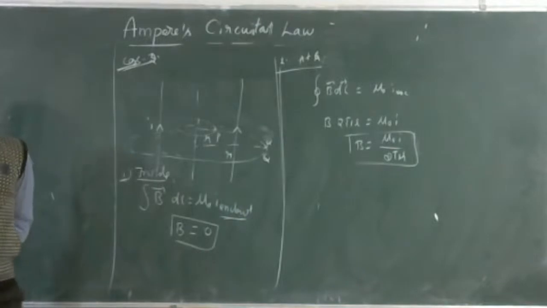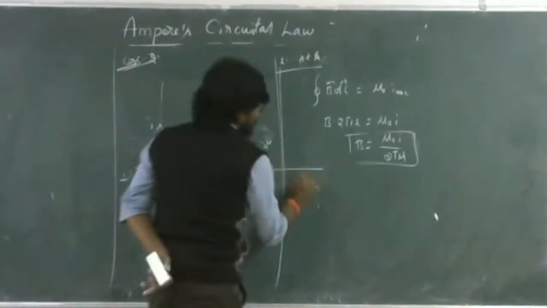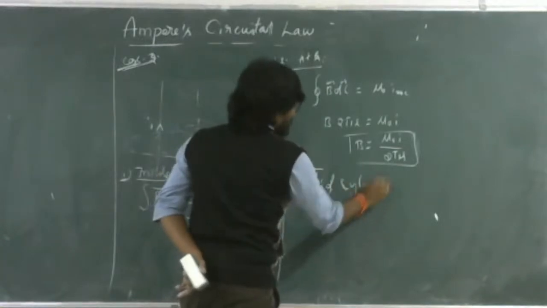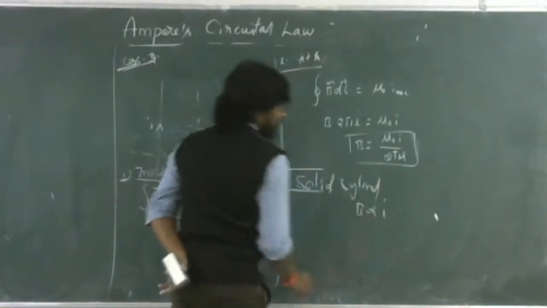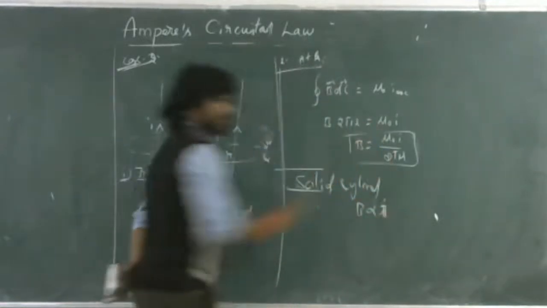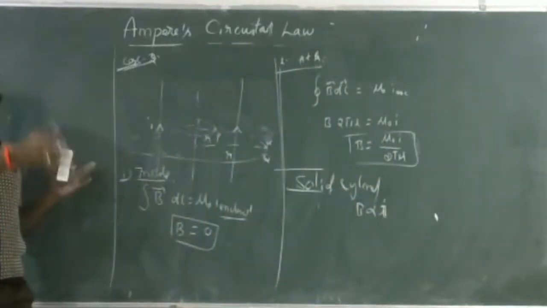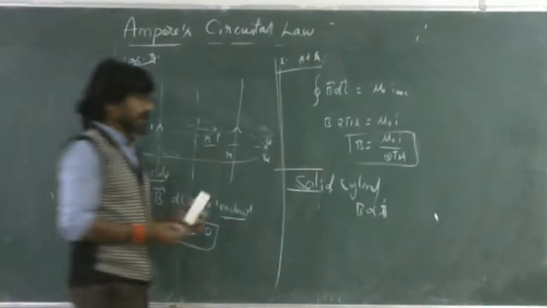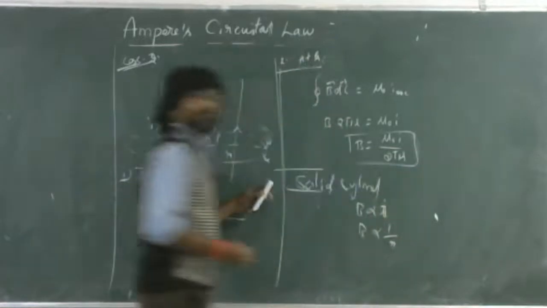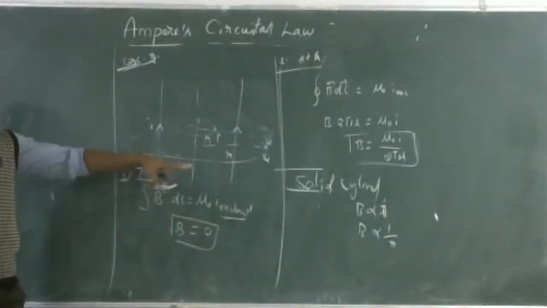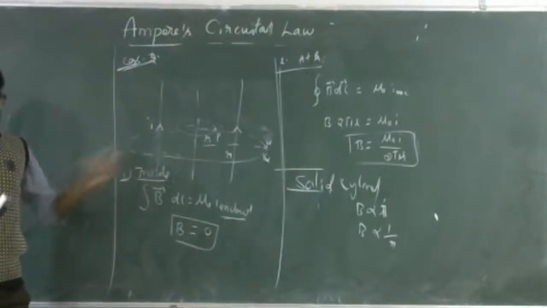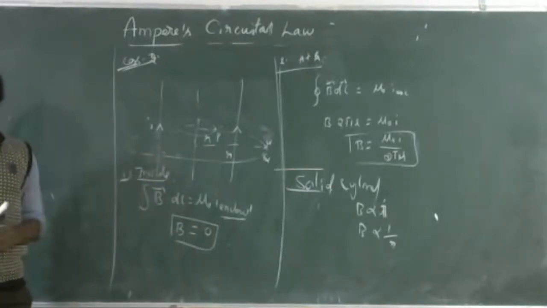So in case of a solid cylindrical wire, B is proportional to r inside, since I is distributed uniformly, and B is proportional to 1 by r outside. We have to observe that for cylindrical parts. We are not dealing with this now. This is for understanding purpose, I am giving you an idea.